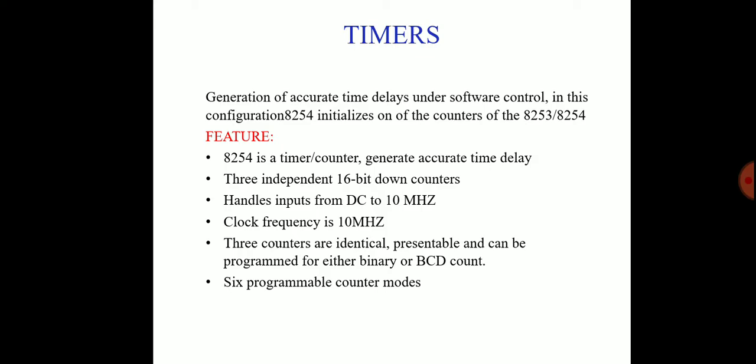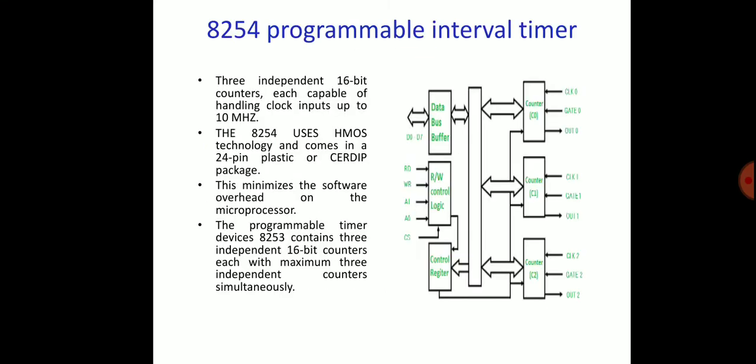Now we see the block diagram of 8254. Here the 8254 programmable interval timer has a powerful command called the read back command, which allows the user to check the count values and programmed mode.